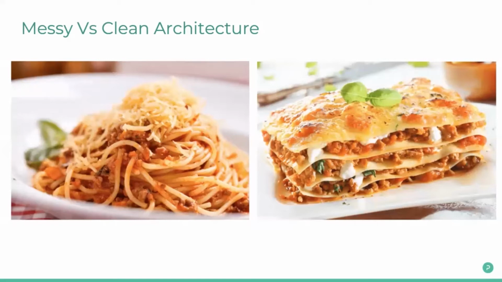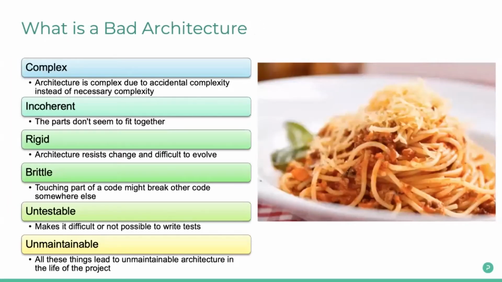Now, I just used these pictures for easy illustration, and we can relate that to what's a bad architecture and a good architecture. So for me, a bad architecture is one that deals with complexity that is accidental complexity rather than necessary complexity.